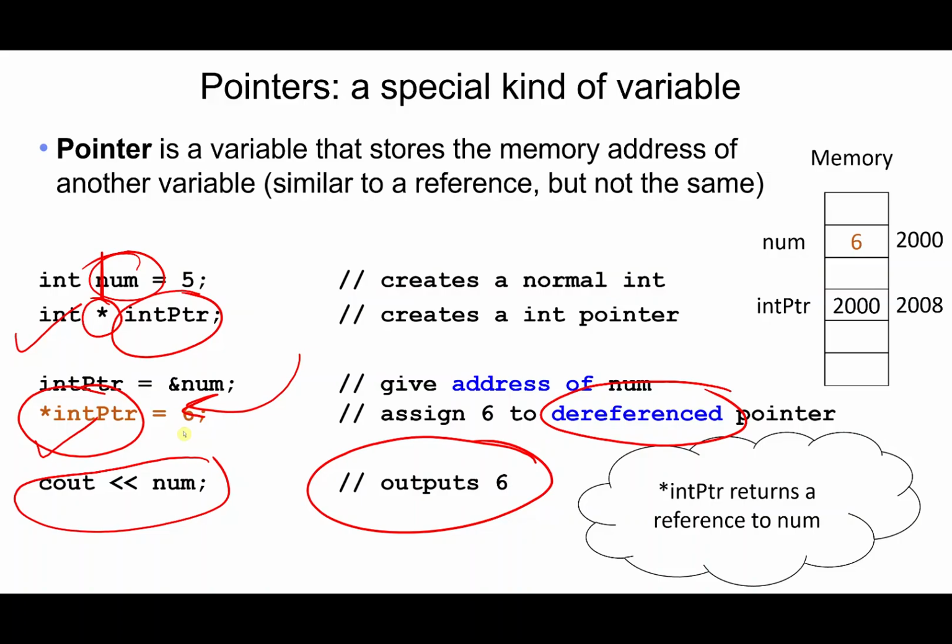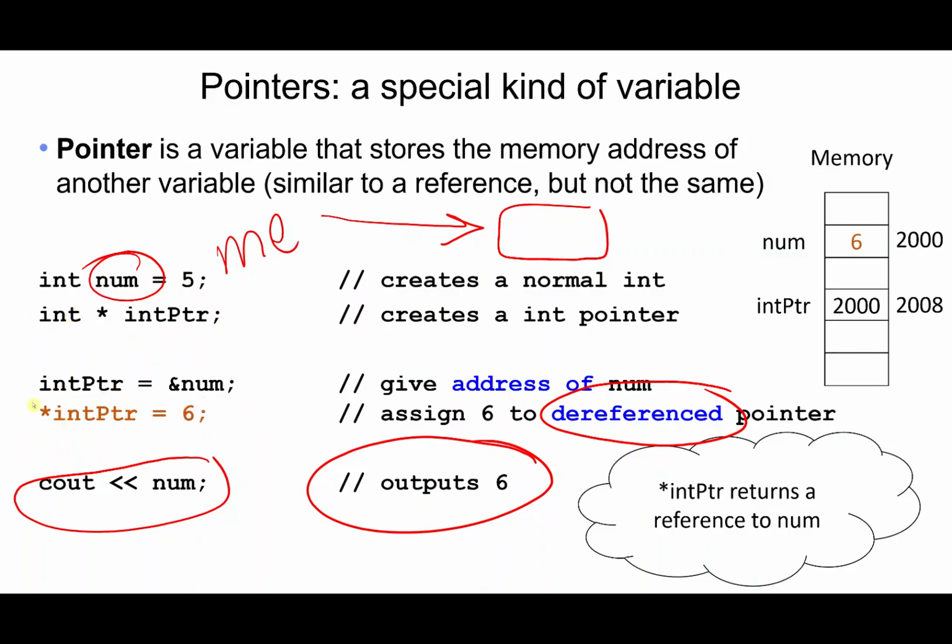It's like if we have a box and I can change the value. This is me. I'm changing the value. Then I give you privileges. I'm giving you privileges using these two sentences. Now me, num, and you being the int ptr.